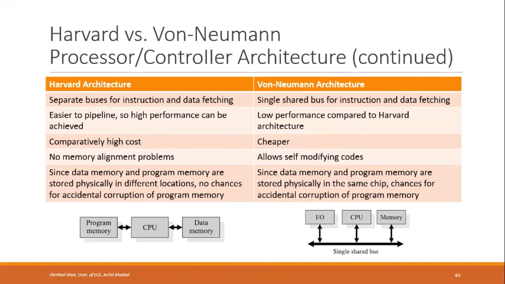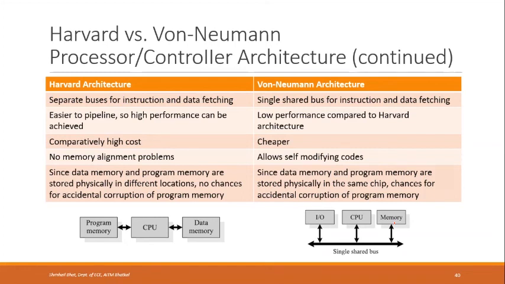There are no memory alignment problems in Harvard because there are separate program and data memories. The data will not get mixed with the program memory. Whereas Von-Neumann allows for self-modifying code, which is required for aligning particular data with the memory. Aligning means that normally when you store data in memory, it should start from a particular address which is divisible by 4, or if it is a 32-bit microcontroller, it has to be divisible by 32.